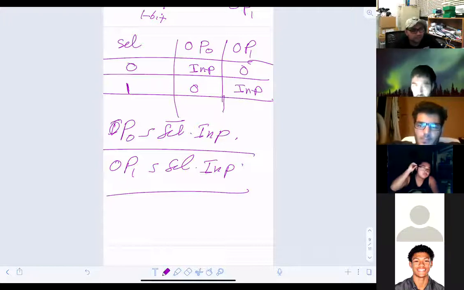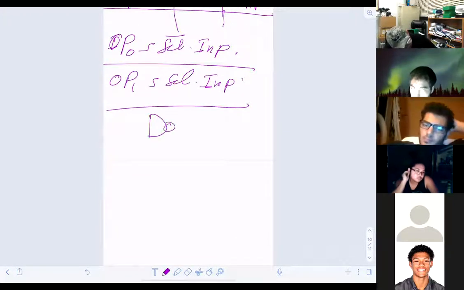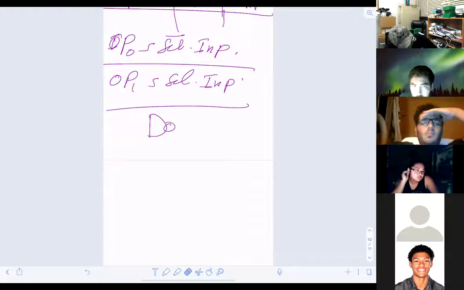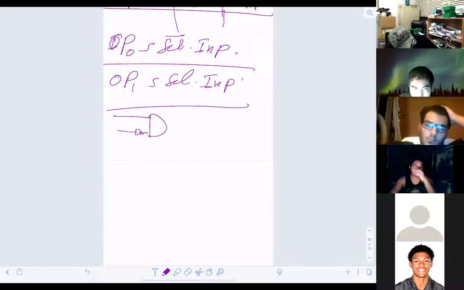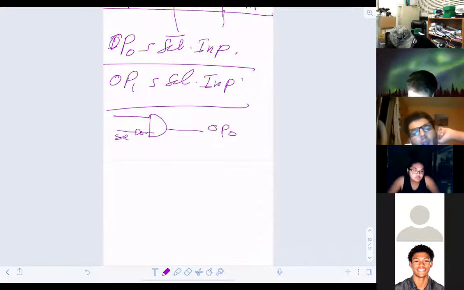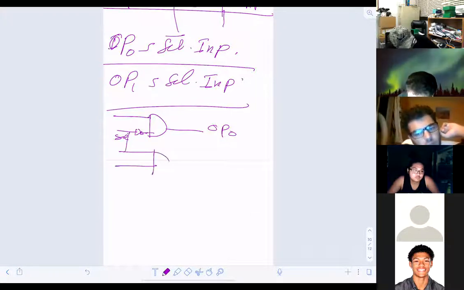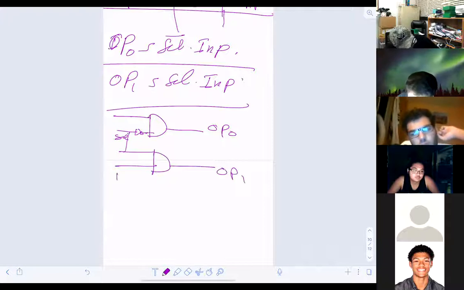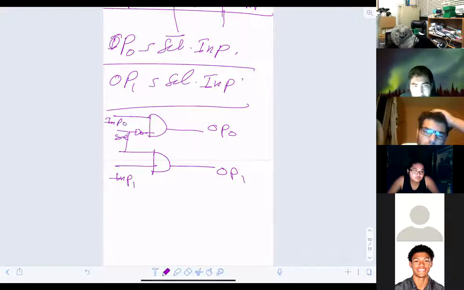How to build a circuit with this? It's easy peasy lemon squeezy, right? Look at it.